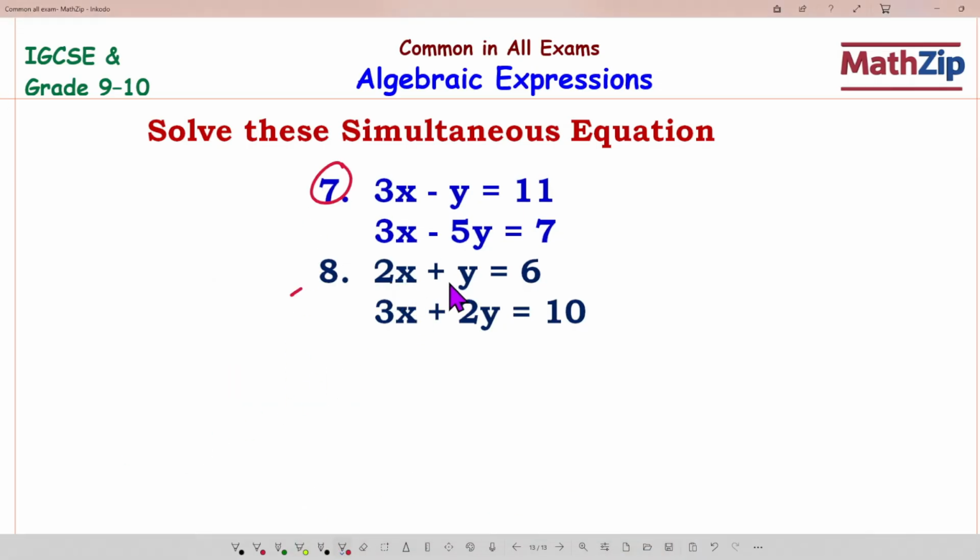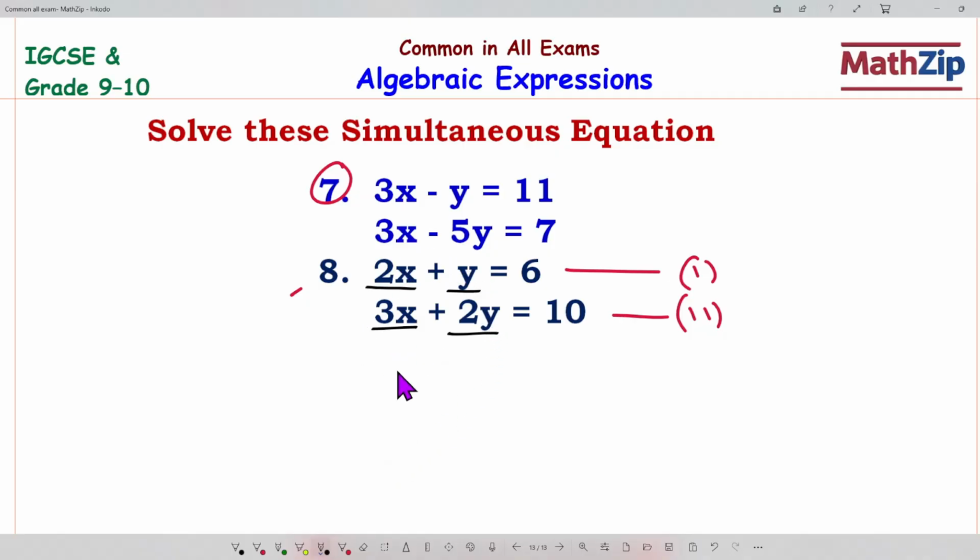Here is 2x plus y equals 6. We can say this is equation 1, and 3x plus 2y equals 10 is equation 2. Right? Now here is 2x and here is 3x, here is plus y and here is plus 2y.